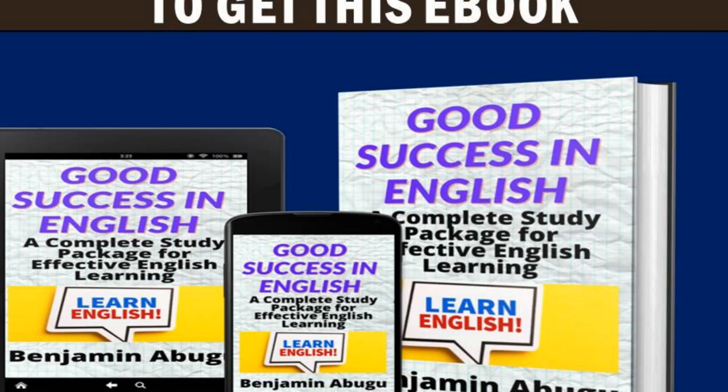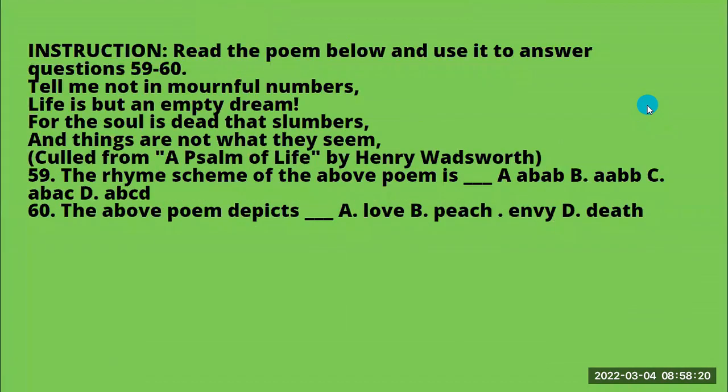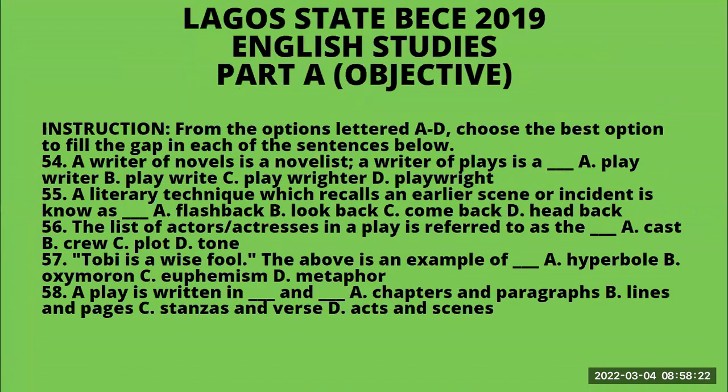Having said this, let's dive into the lesson right away. Now we are looking at questions on the general principles of literature, and we want to specifically look at the Lagos State Basic Education Certificate Examination of 2018. Within the English Studies Part A objective, we have questions on the general principles of literature, from question number 54 up to number 60.